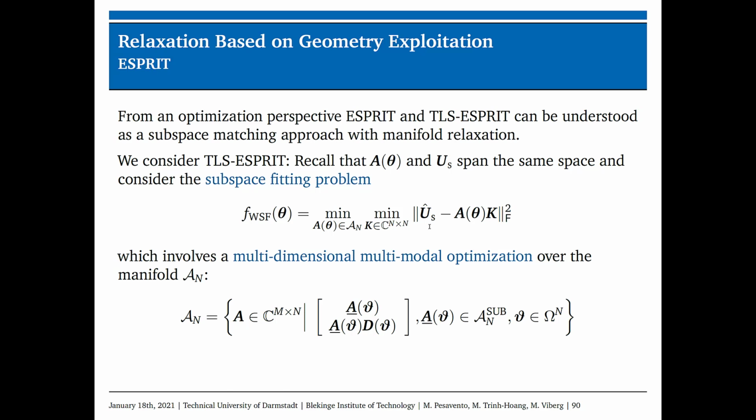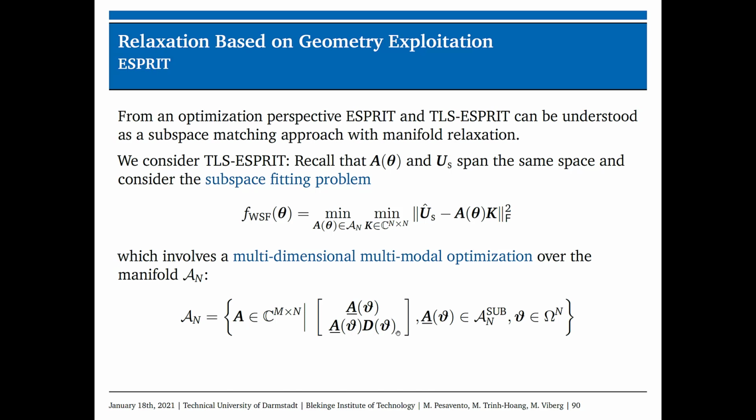We minimize this subspace fitting function with respect to the matrix K, which is an arbitrary complex matrix, and with respect to the steering matrix A, which belongs to a highly structured manifold denoted by calligraphic A sub n as defined by this set over here, where we observe the shift invariant block structure in the characterization of the steering matrix.